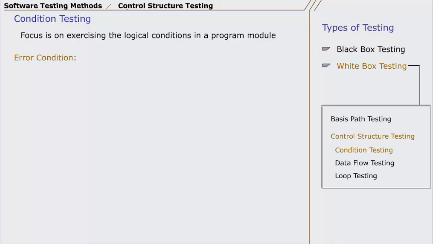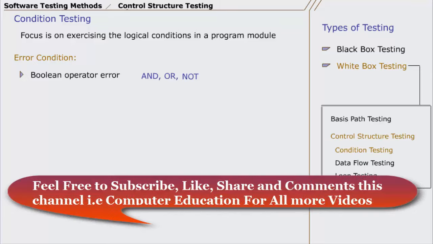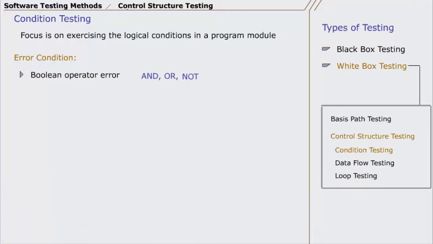Errors in condition can be due to Boolean operator error, which is due to misuse of AND, OR, and NOT operators. For example, if instead of using AND, you use the OR operator, the result would be different.